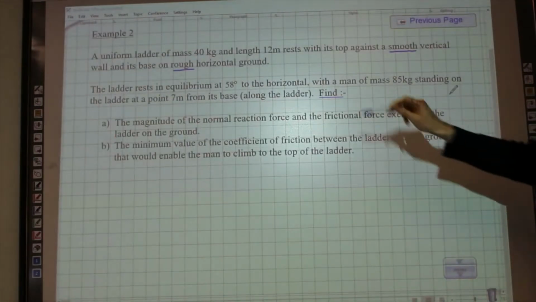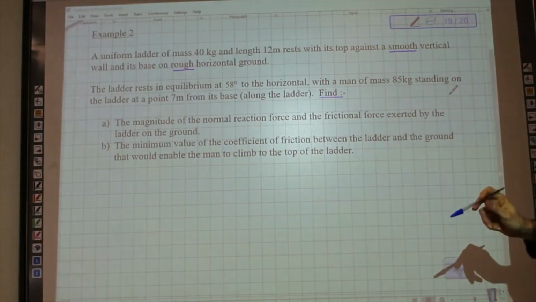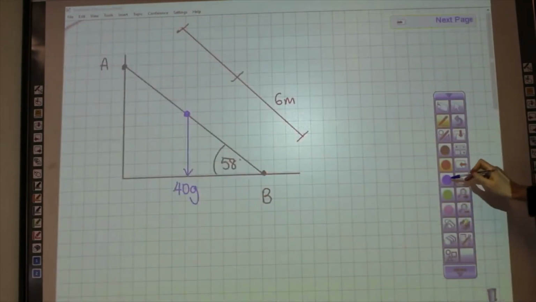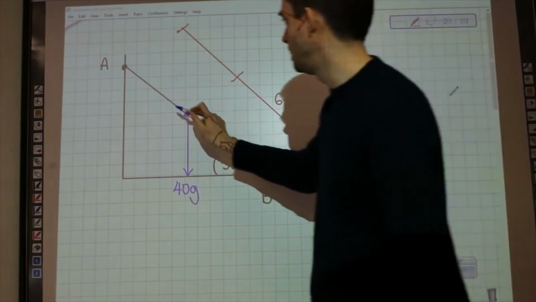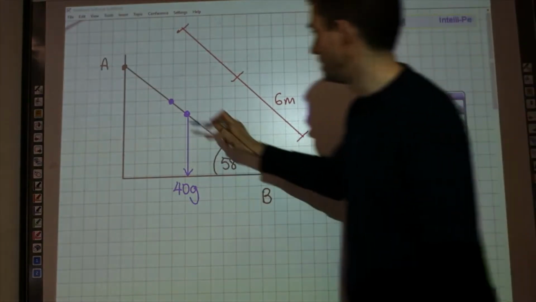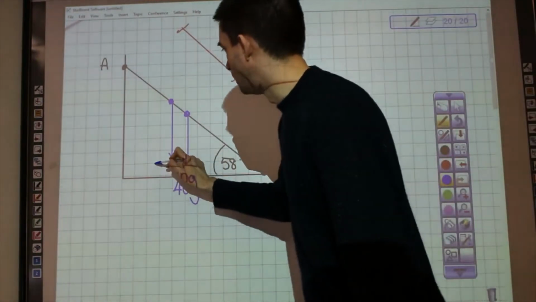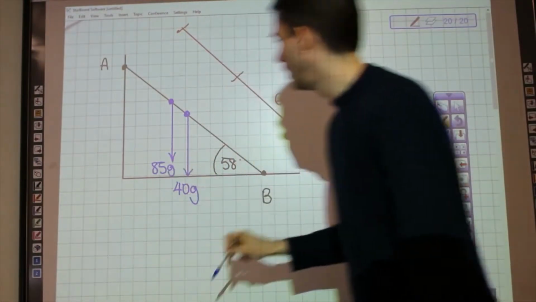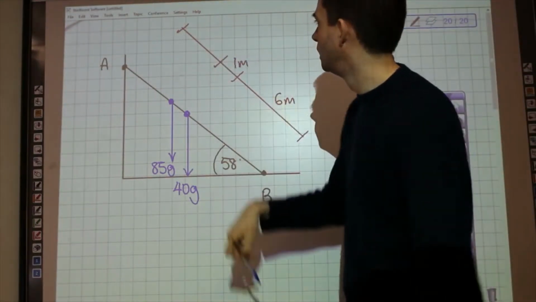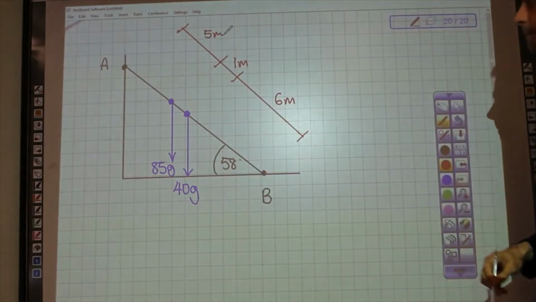The reason is that we also have a man of mass 85 kilograms standing on the ladder at a point 7 metres from its base along the ladder. So in addition to this 40g force, we also have a force of 85g, which is the weight of the man. That's an extra 1 metre along my ladder, and therefore I have 5 metres left at the top here.